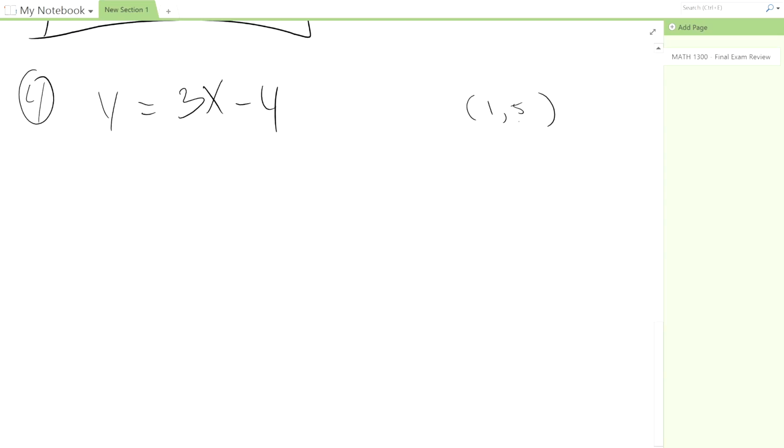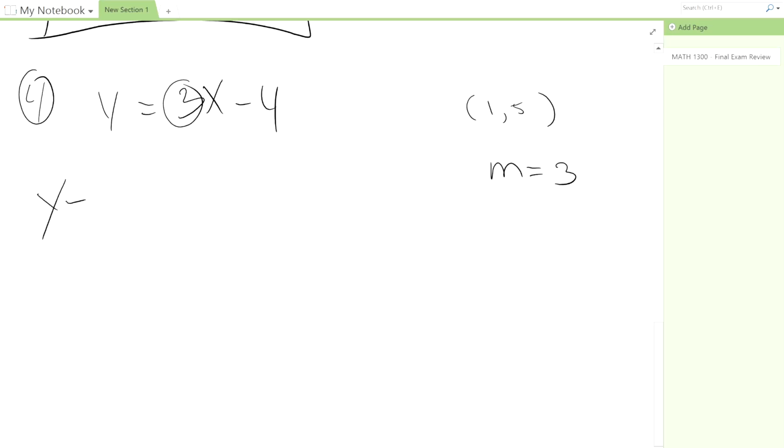Okay, so what does the word parallel mean? When two lines are parallel, they have the same slope. So let's look at this y equals 3x minus 4. What is the slope of this line? I see that the slope is 3. So my m in this case is equal to 3.